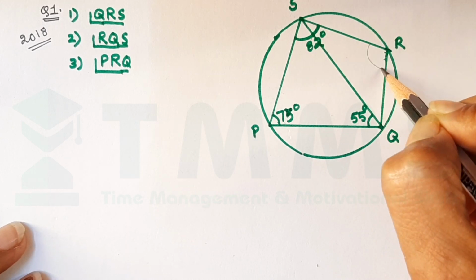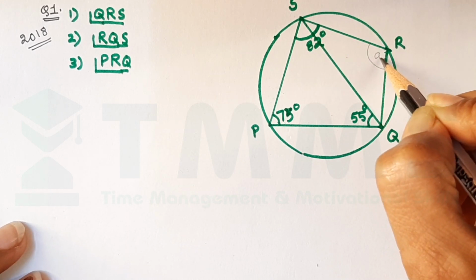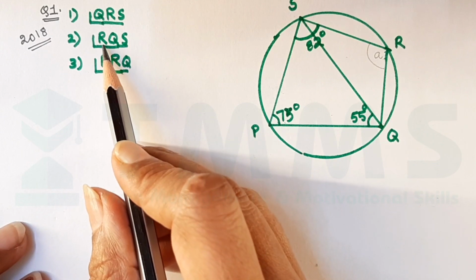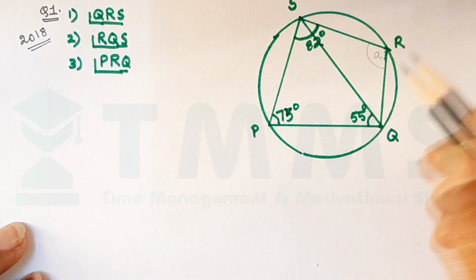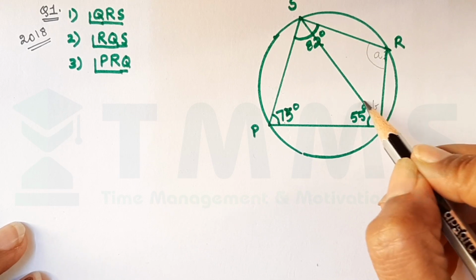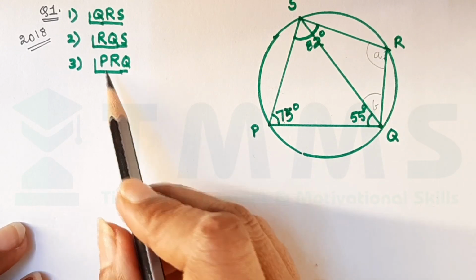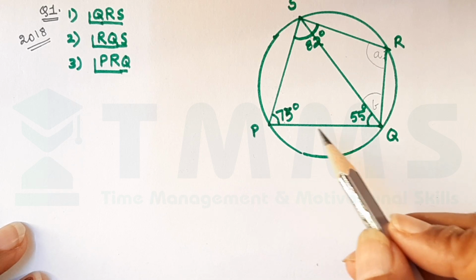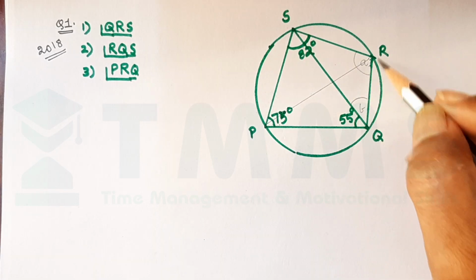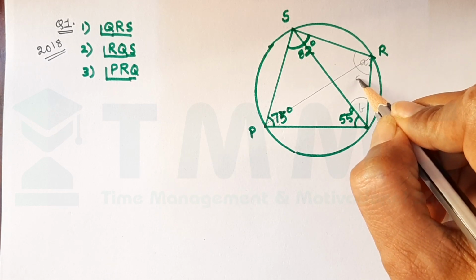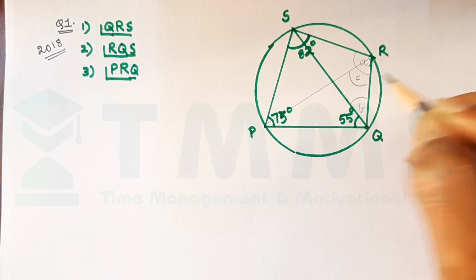We'll call that angle A. Then RQS, we'll call this angle B. And PRQ, so we need to join this, and PRQ here, we'll call angle C.